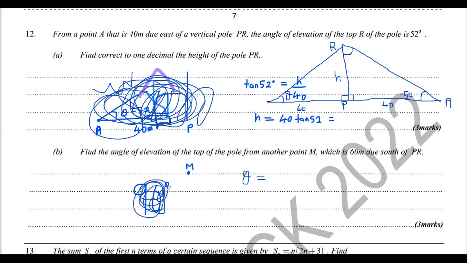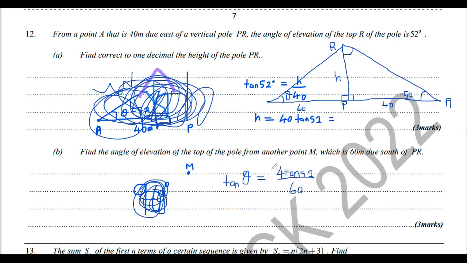Theta here is opposite over adjacent, so tan theta will be equal to the opposite side, which is h, but we have h to be 40 tan 52, over adjacent, which is 60.